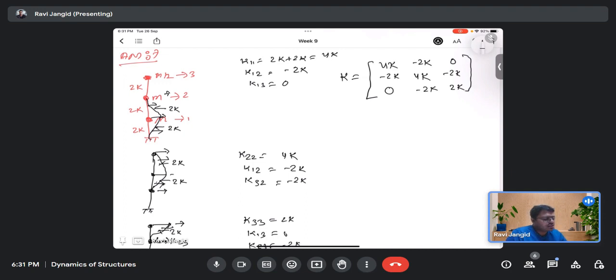So we will calculate in terms of K. That will be simpler for us. That is 4, minus 2, 0; minus 2, 4, minus 2; 0, minus 2, 2.